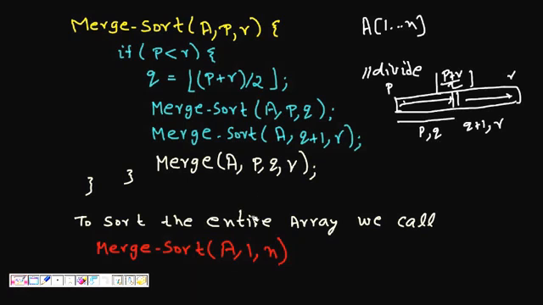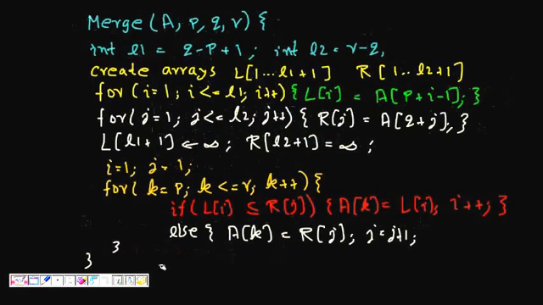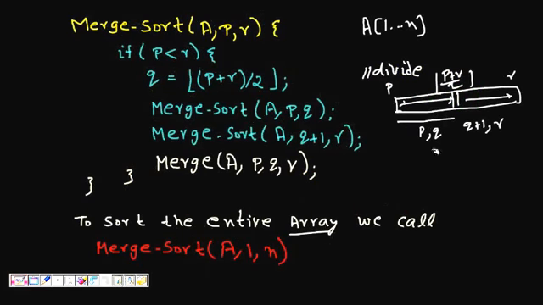Okay, and to sort the entire array, we call merge sort A, 1 is the left index and n is the right index. Okay, so let's see. But the thing is, how do we merge two sorted arrays? We sorted this part of the array, we sorted that part of the array, and then we have to combine the left and the right subarrays.